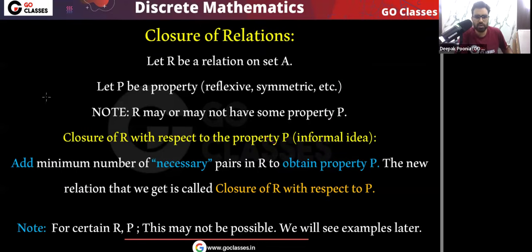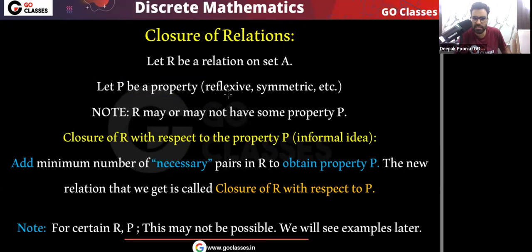Let me tell you what this concept, closure of relations, is. In this concept, basically two things are given to us. One is a relation R on a set A, the base set on which R is defined. Also a property is given to us.